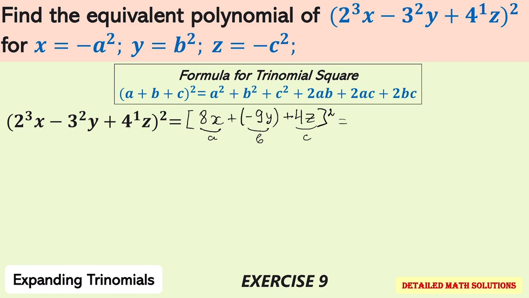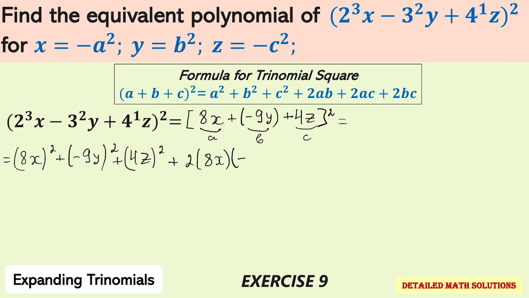And when I apply the formula, this equals (8x) squared plus (negative 9y) squared plus (4z) squared plus 2 times 8x multiplied by negative 9y plus 2 times 8x multiplied by 4z plus 2 times negative 9y multiplied by 4z.